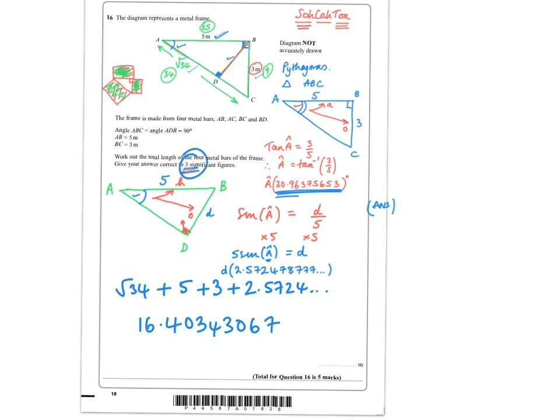Now round to three significant figures, which in this case is to the nearest tenth, and I would get 16.4, and I'm going to write 3SF right next to it. So that's that question sorted now.